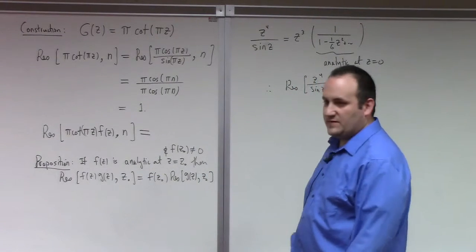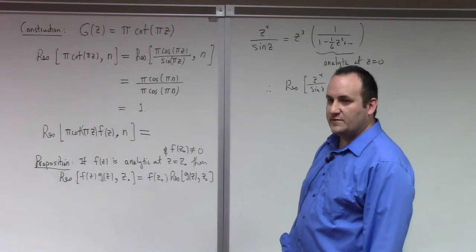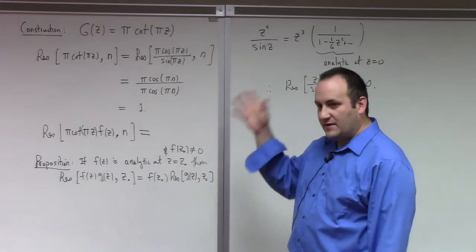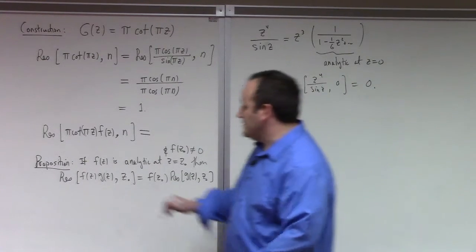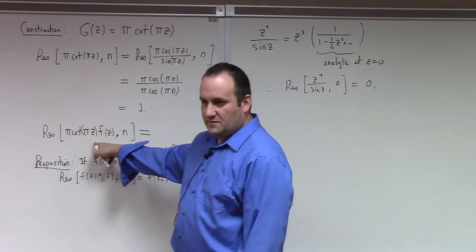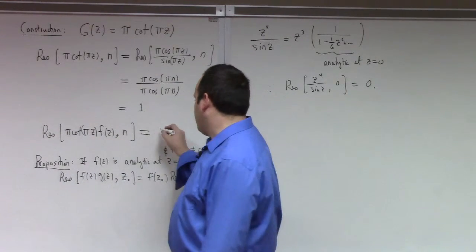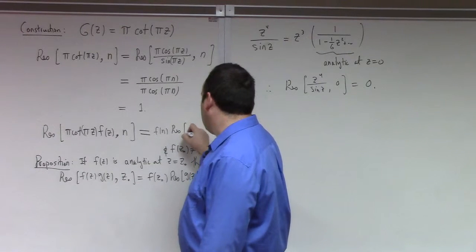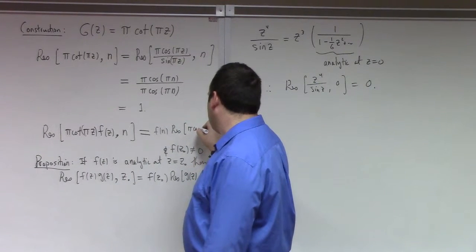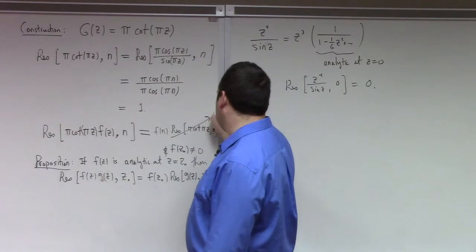There's probably other ways to prove it in terms of our orders of zeros and poles theorems that we had before break, but they fade from my mind as we get away from them. Anyway, my point is this proposition holds here too. So this residue is really easy to calculate. It's just f of n times the residue of pi cotangent pi z, which is just 1.